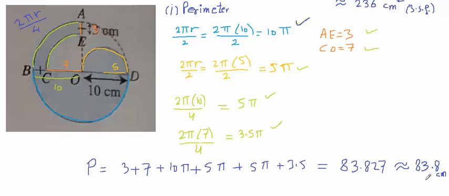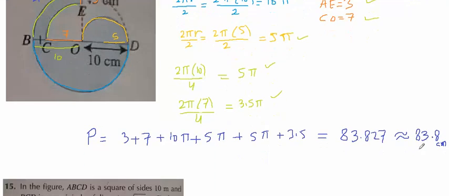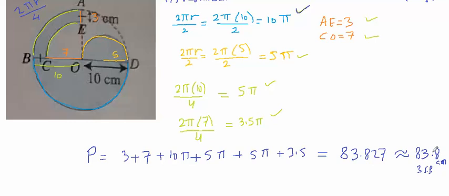So this is 3 significant figures, and if we want to write to the nearest whole number, then it will be 84, because after 3 we have 8, so we'll increase 1 here. So this is to the nearest whole number. Mostly we write to 3 significant figures.